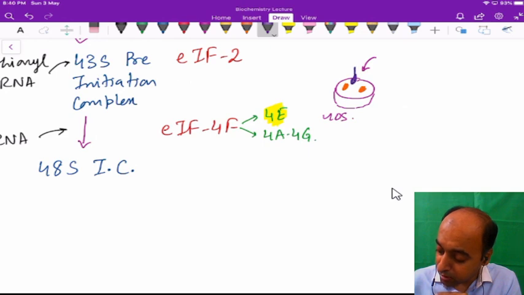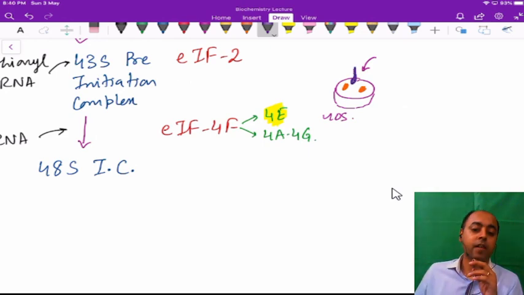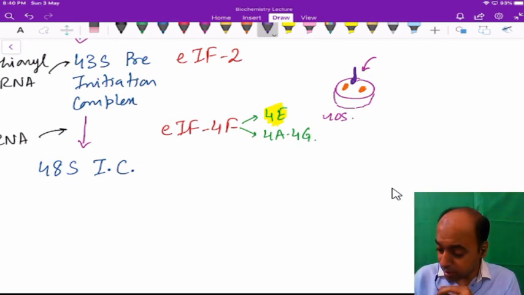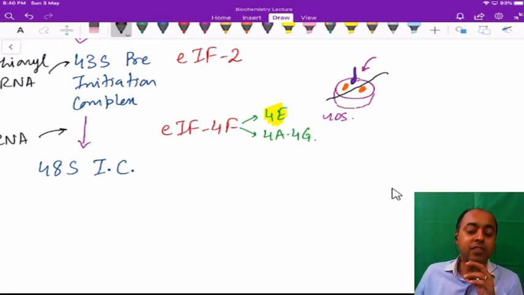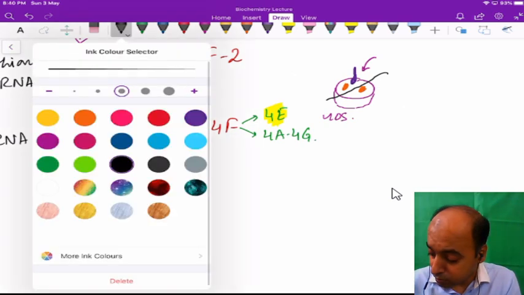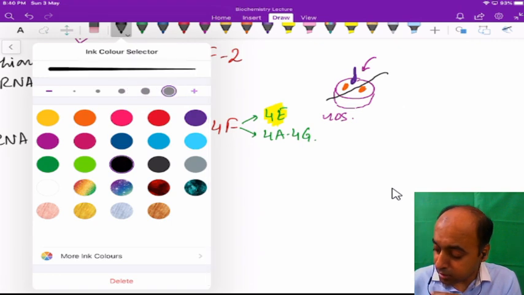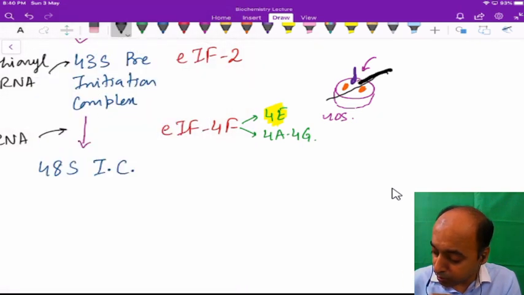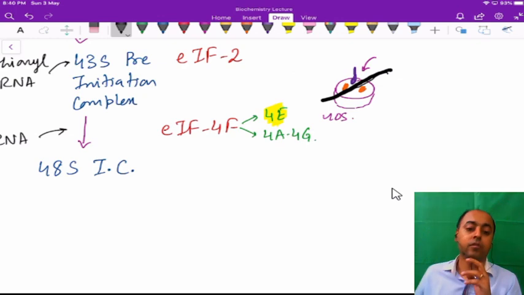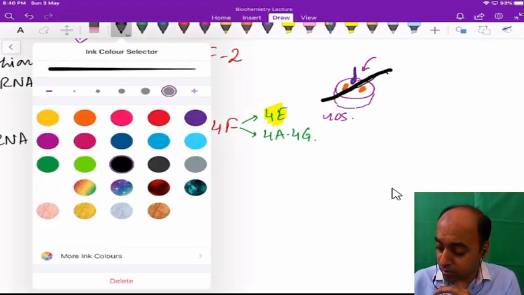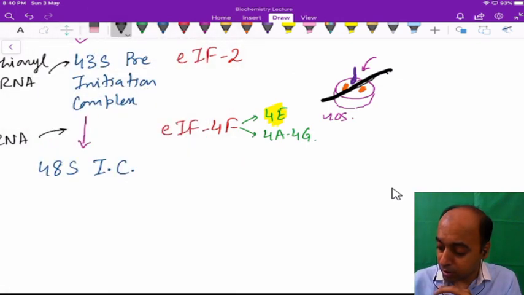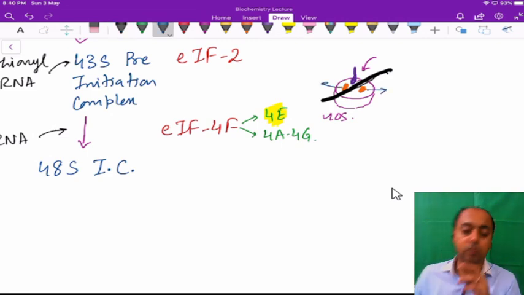And subsequently we are trying to bring in the messenger RNA. The messenger RNA is a very big molecule, a significantly big molecule. So when it comes, it will quickly displace these two proteins.